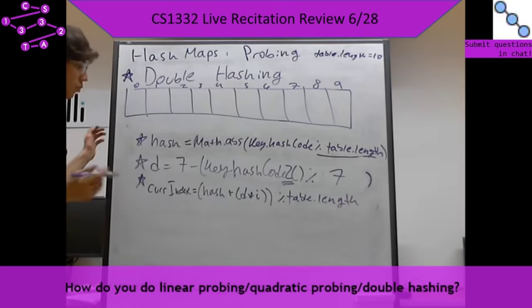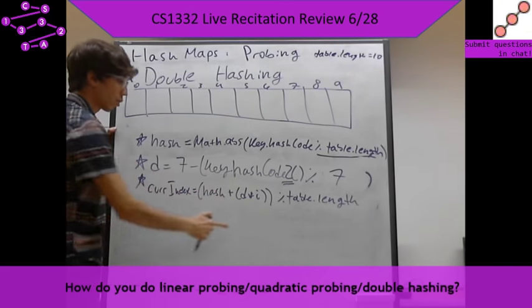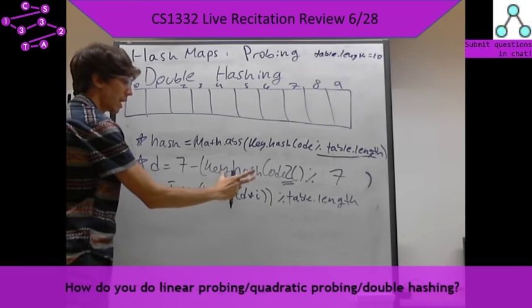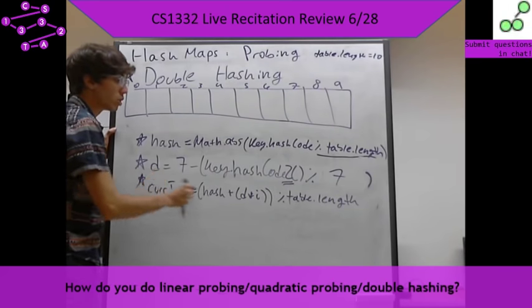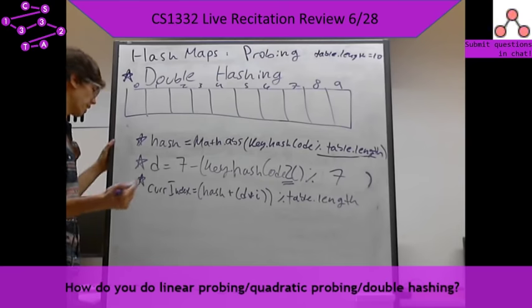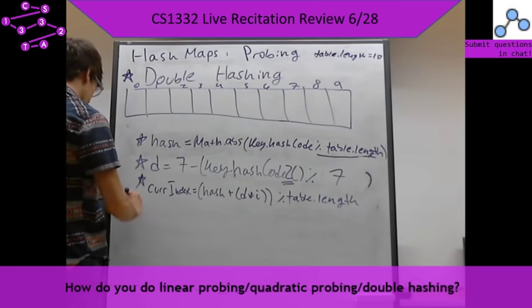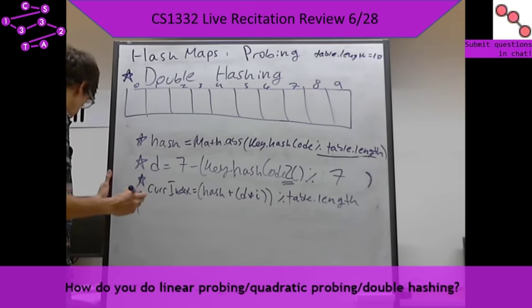Right, so previously, like linear probing, this is just I. Quadratic probing, it's I times I. And then in double hashing, we're using a different hash function to generate an integer d, right? And then we use this as kind of like an attachment to our probing, right? And let's look at a lot of the same operations we just did, but now with this kind of collision resolution strategy.